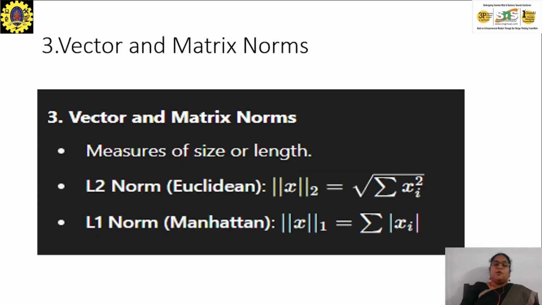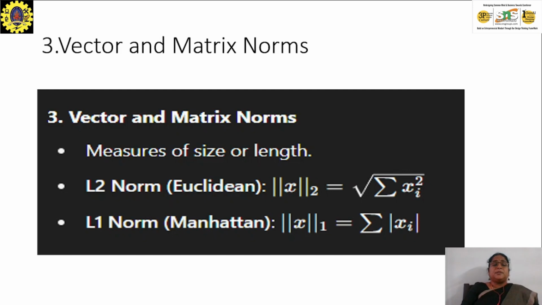Vectors and matrix form. It has three things. One is that it is mainly useful for measuring the size or length, and there are two types of normalization. As we all know, in machine learning we are going to normalize. What is the concept of normalization? All the outputs of the machine learning algorithm have to be normalized.